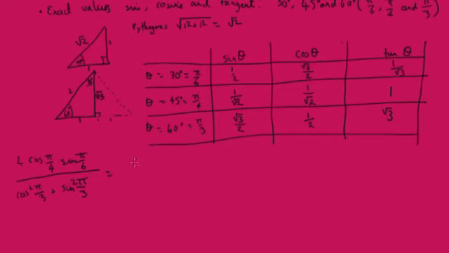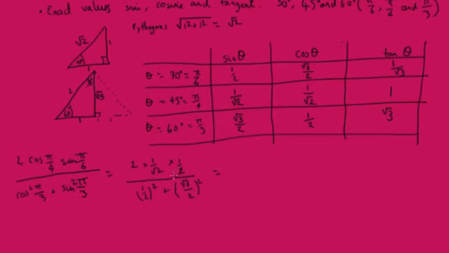So let's get what we need out of the table. So we've got 2 times cosine pi over 4, which is going to be 2 times 1 over root 2, times sine pi over 6, times a half, all over cosine pi over 3, so it's a half squared, plus sine squared pi over 3, root 3 over 2 squared.